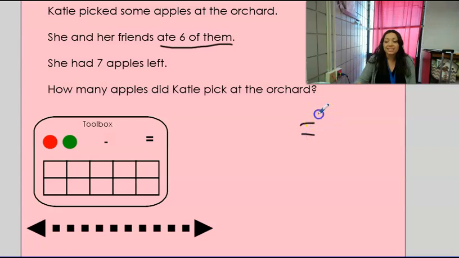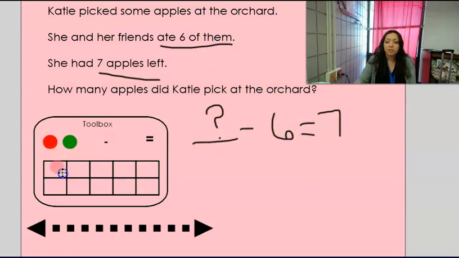So she has 7 at the end, right? Okay, it says she already ate 6 of them. So what we're trying to figure out is what number, that question mark at the end. So what number, if I take away 6, equals 7? Well, this is easy because I can think about one part of that number has to be 7 and one part of that number has to be 6.